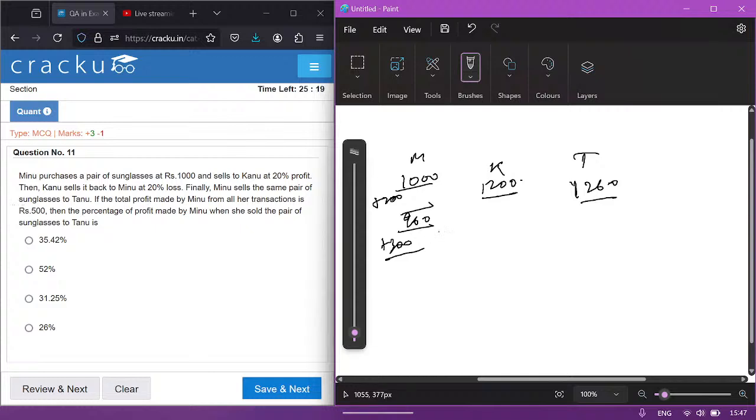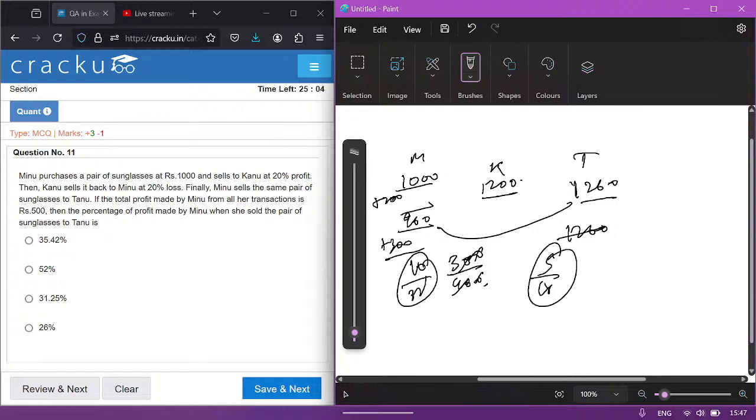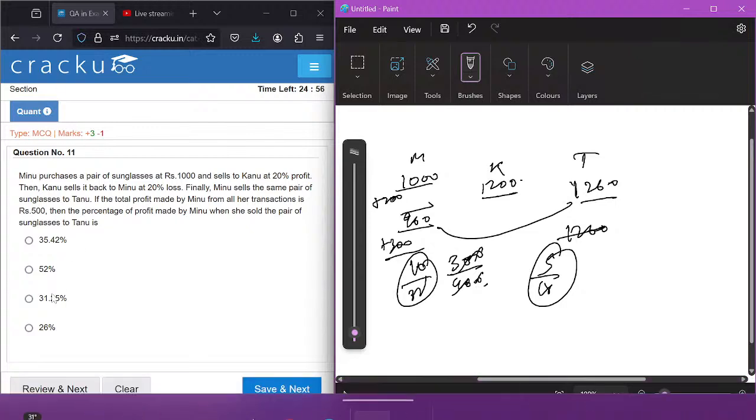Percentage made by Minu, which is okay. So 300 by 960 basically, no? 300 by 960 is what? This is 32, this is 5 by 16. 5 by 16, yeah, I'll have to use the calculator again. I don't want to make a silly mistake. 31.25.